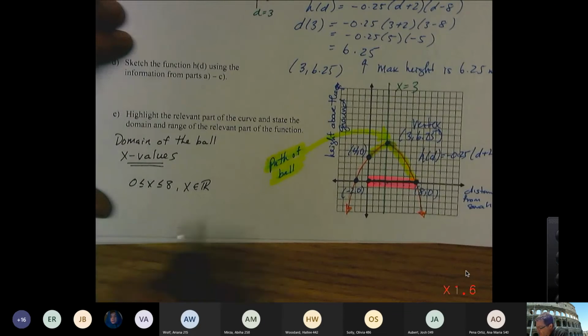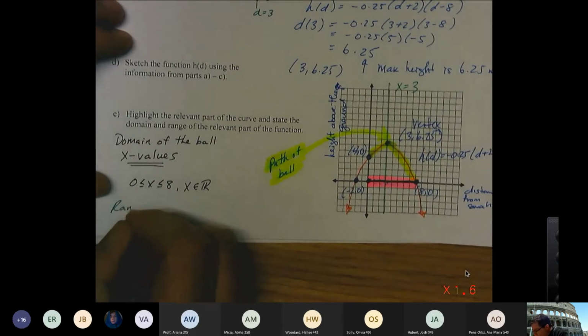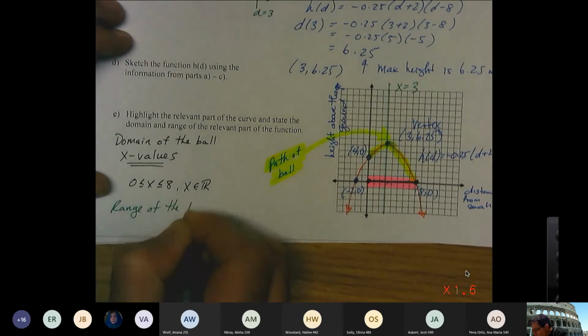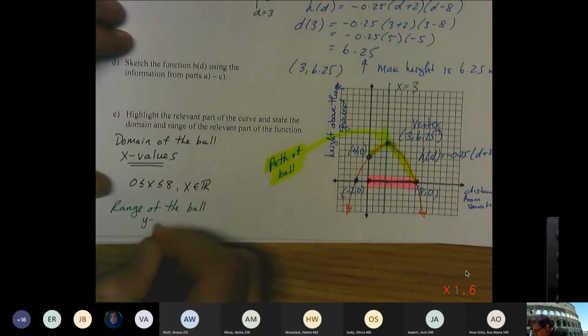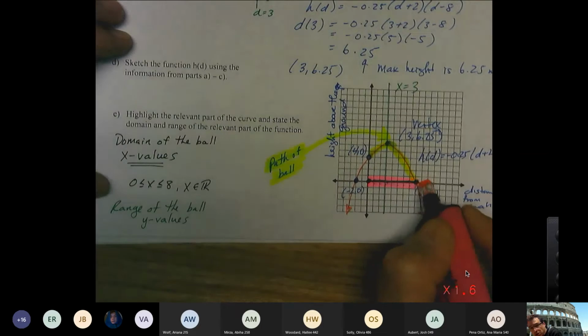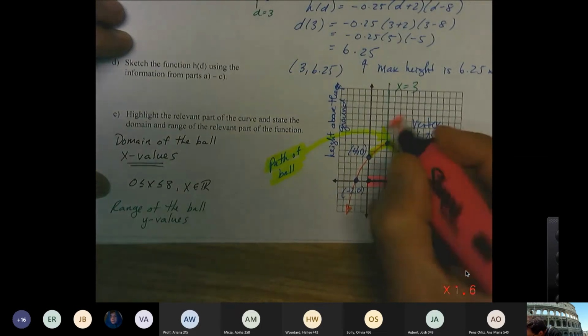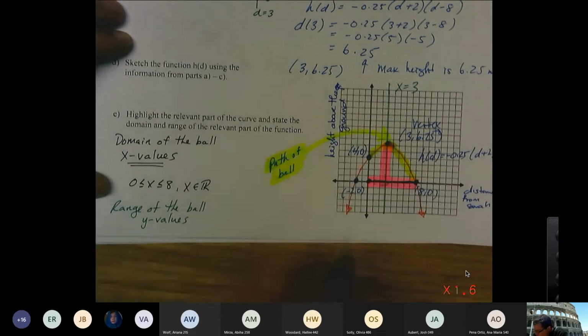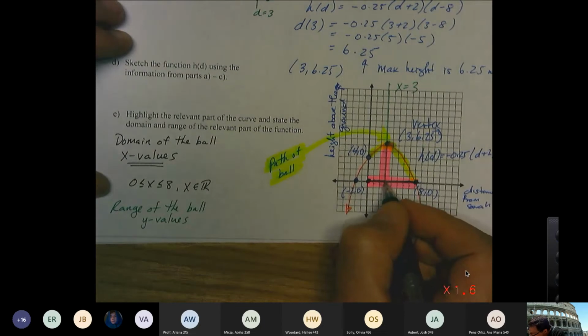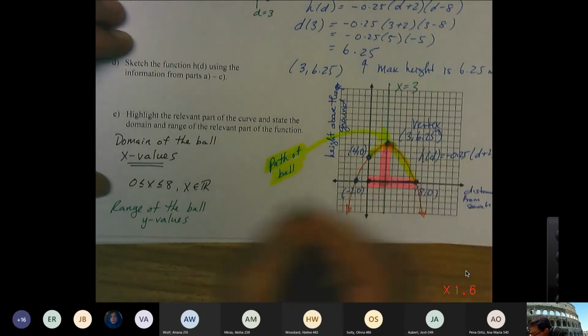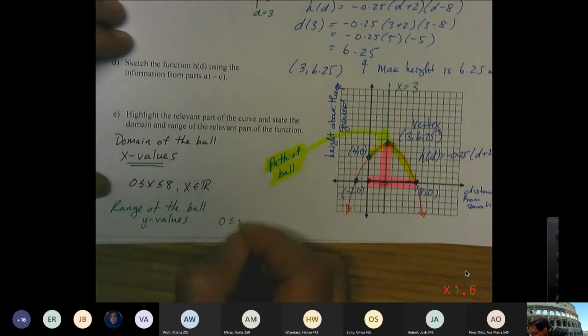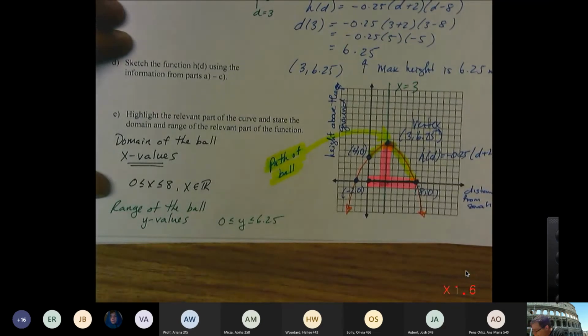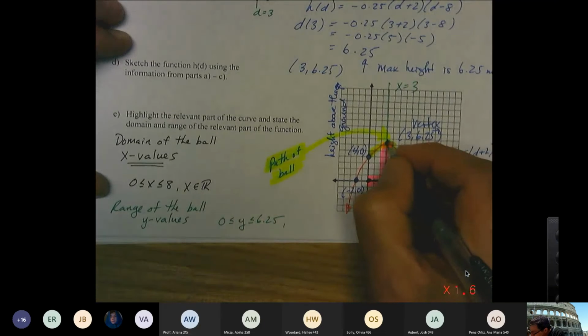Now, when we look at the range of the ball, the range of the ball are all the y values. Well, the y values have a lowest y value of here, and they have a highest y value of way up here. So the range of the y values is going to go from 0 all the way up to 6.25. And all of the numbers are included, right?